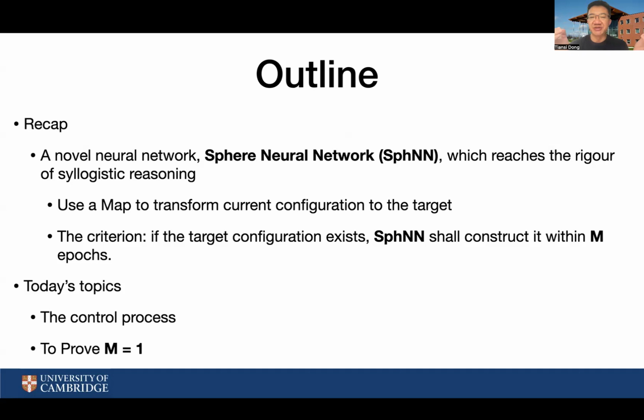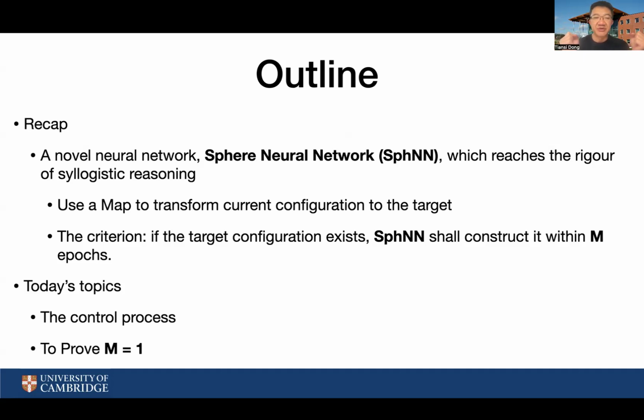To argue this network reaches the rigor of symbolic syllogistic reasoning, we need to prove that for any satisfiable reasoning, this network is able to construct an Euler diagram within m epochs, and this m should be proven.